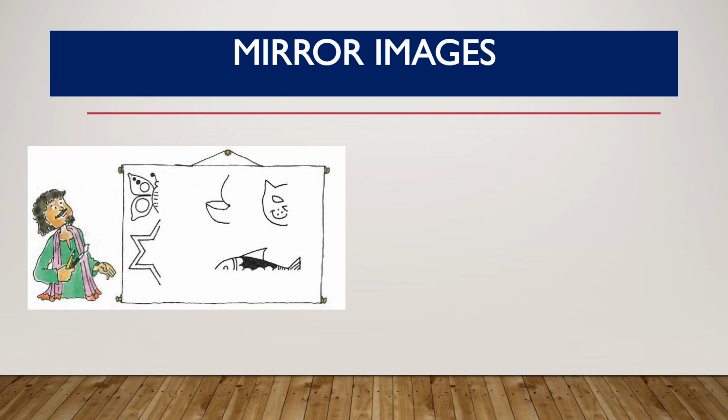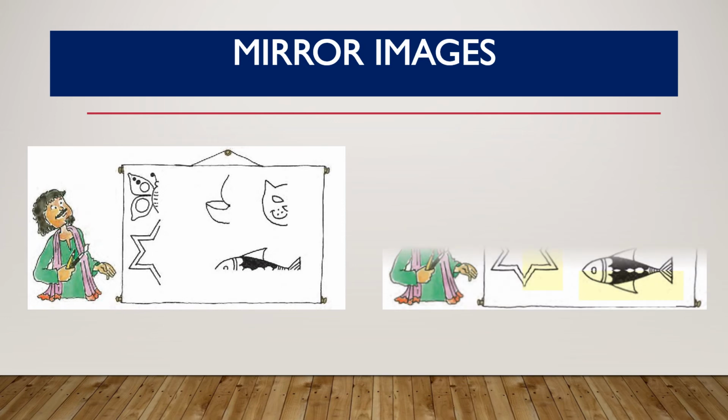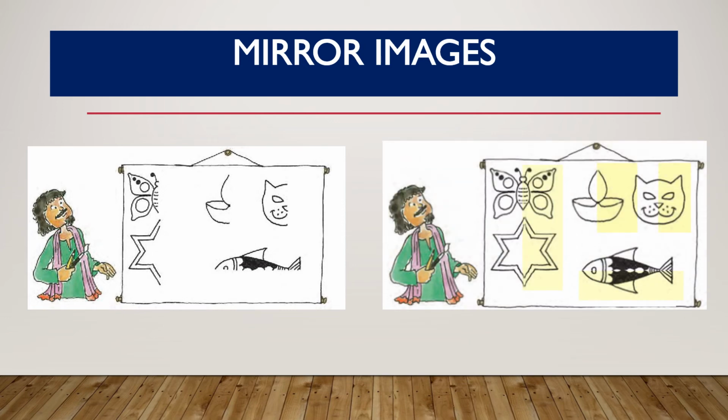Let us try and do exactly the same over here. We just have to draw the other halves of these objects. But remember, both the halves should be equal or symmetric. Here, we can see that the halves that we have drawn are exactly similar to the halves that we were given.